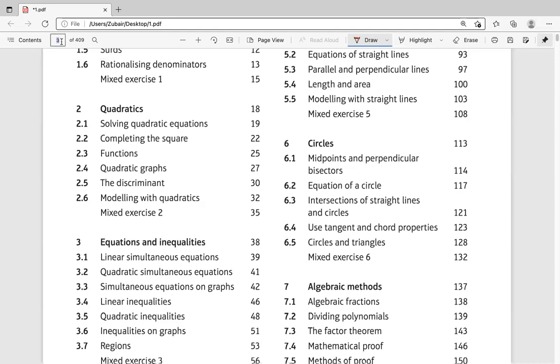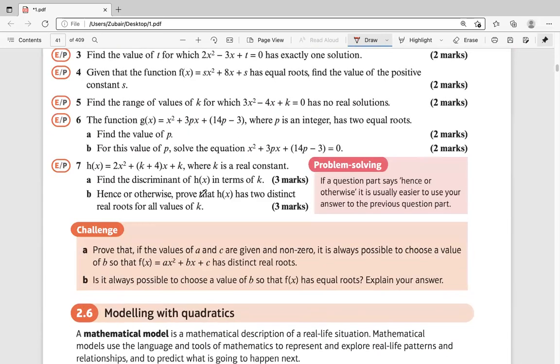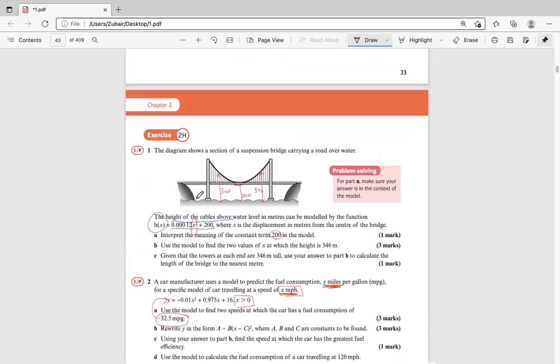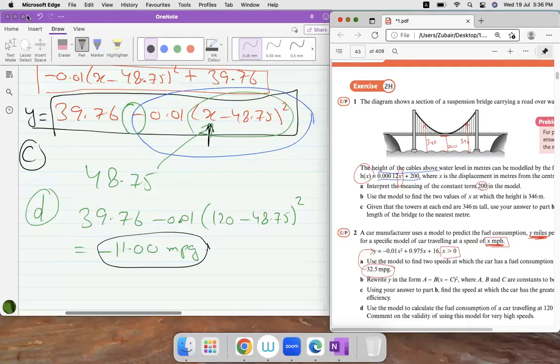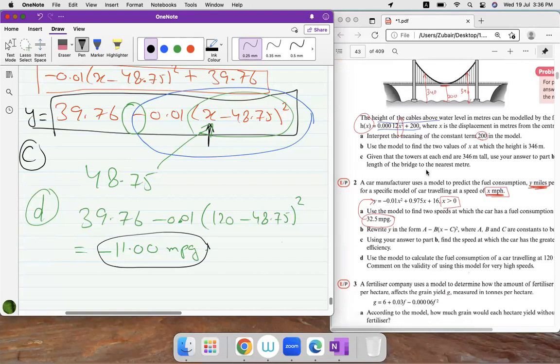This is page 32. Let's check this. This is the same exercise which we covered. For more clarity, you can refer to the wordings of your syllabus. I'll share that with you as well. For practice, now we have two things.